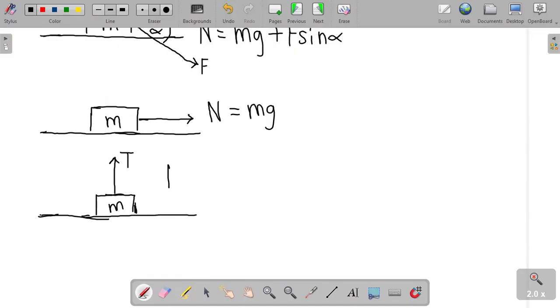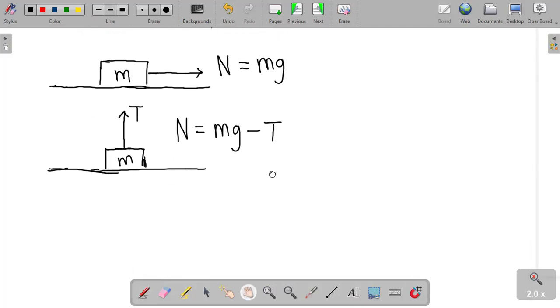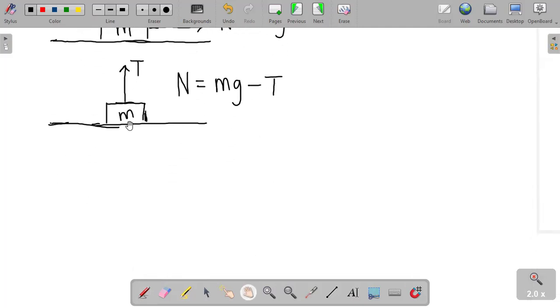In this case, the normal force is going to be equal to mg minus the tension. Or you can have the tension going straight down.